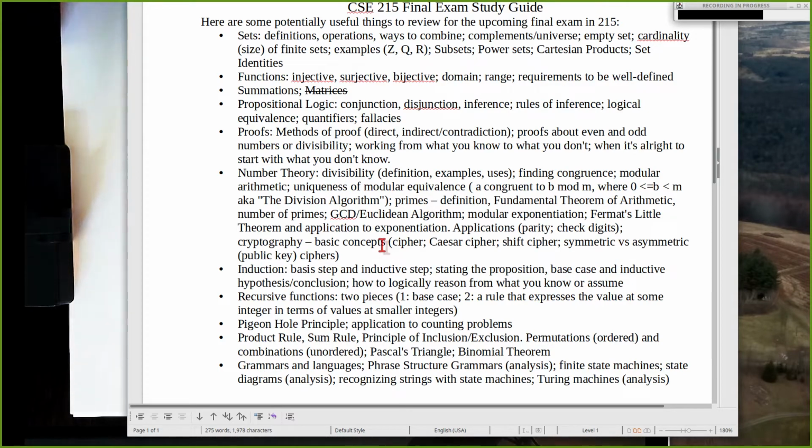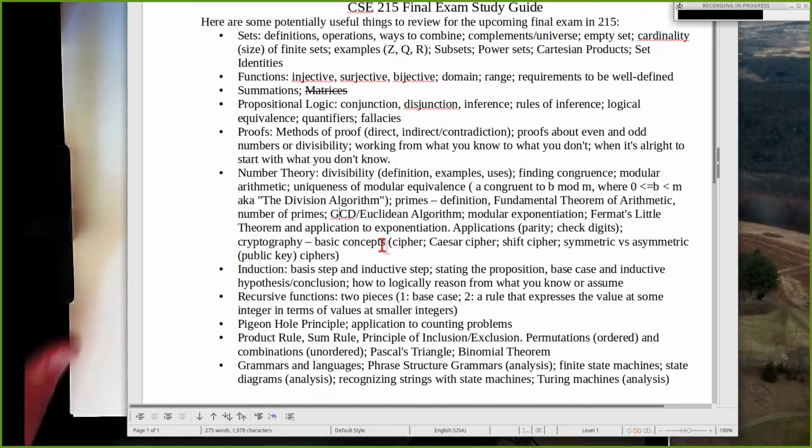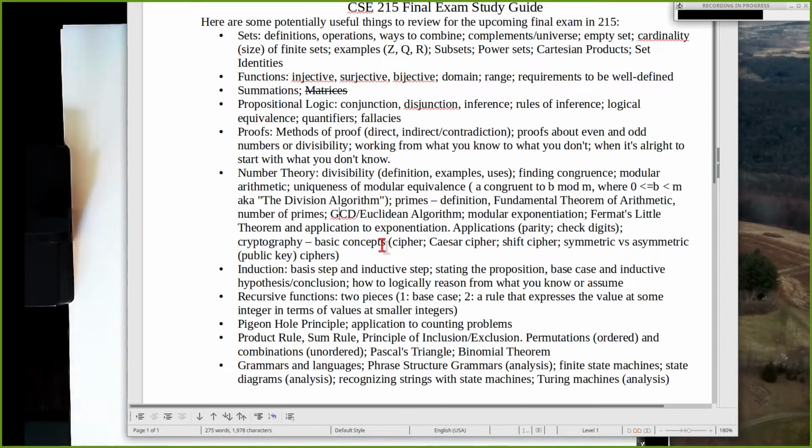And certainly I'm not going to ask you details of implementing a public key cipher or doing an RSA encryption or anything like that. But you should understand that most of these ciphers, if you know how to encode, you also know how to decode. It's the same password for both operations. Those are called symmetric.